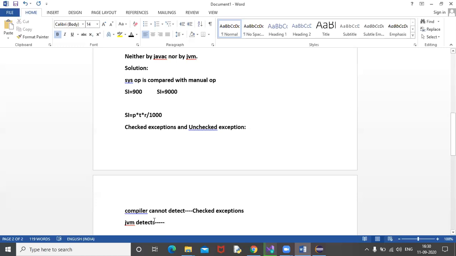The ones JVM detects can be called unchecked exceptions.